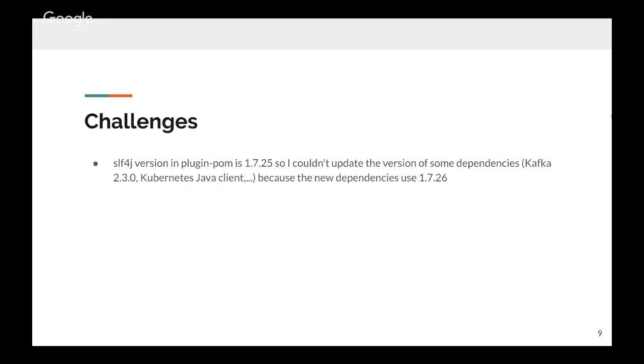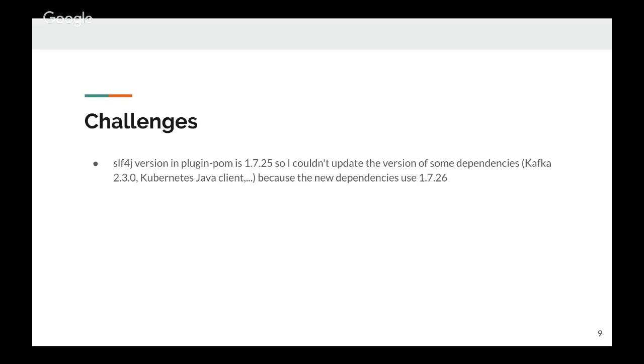Okay, so one blocker I face is that the SLF4J version in the plugin POM file is 1.7.25. So I couldn't update the version of some dependencies on my plugin, like Kafka 2.3 or the new Kubernetes Java client library, because the new dependencies use SLF4J 1.7.26.